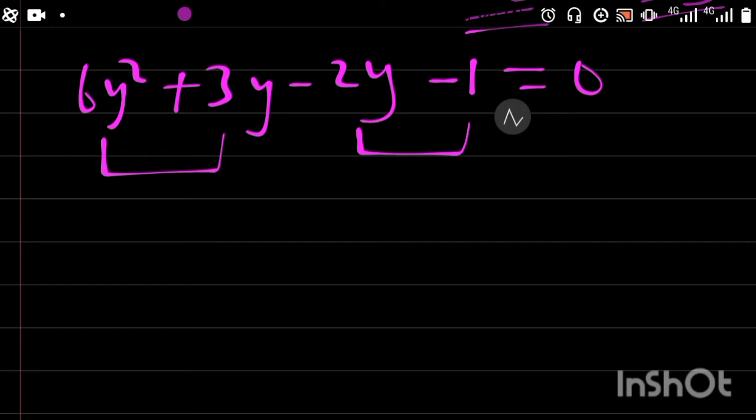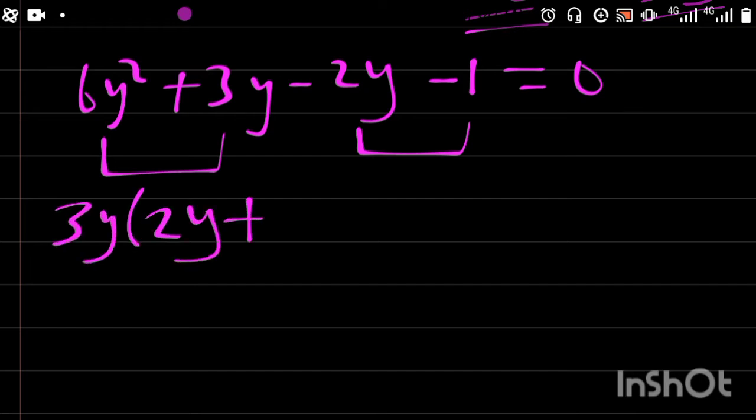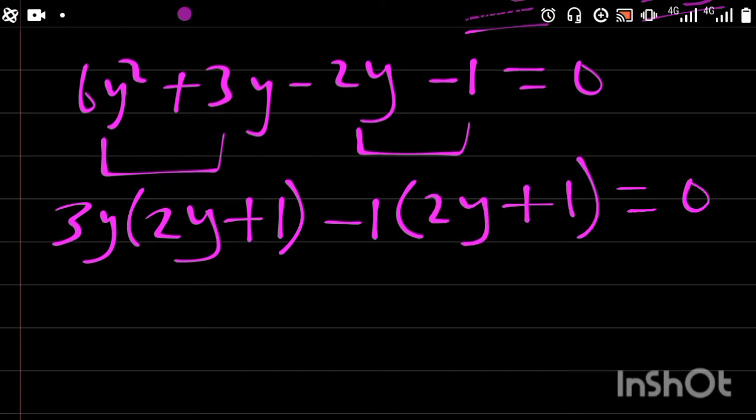So 6y squared plus 3y, what is common between them? 3y is common, so I'm going to have 3y into bracket 2y plus 1. Then minus 1 is common between minus 2y minus 1. Minus 1 into bracket 2y plus 1 is equal to 0. We have the same thing inside the bracket. That means 2y plus 1 is also common there.